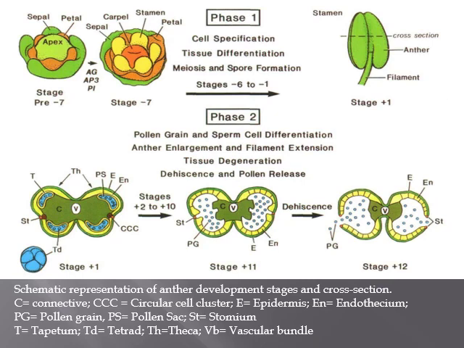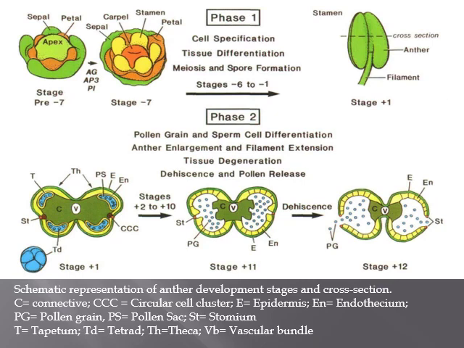In phase 1, cell specification, tissue differentiation, meiosis and spore formation take place. While in phase 2, pollen grain and sperm cell differentiation, anther enlargement and filament extension, tissue degeneration, dehiscence and pollen release take place.